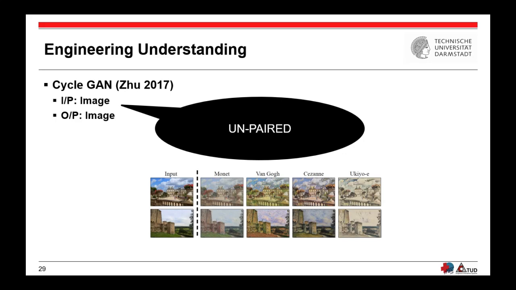Van Gogh won't paint the picture that you have taken with your phone. So you have a set of images that Van Gogh has chosen to draw, and you have another set of images that you have taken with your phone. These are two completely unpaired domains. And from there, you are trying to learn so that given these input images, you can generate such images.